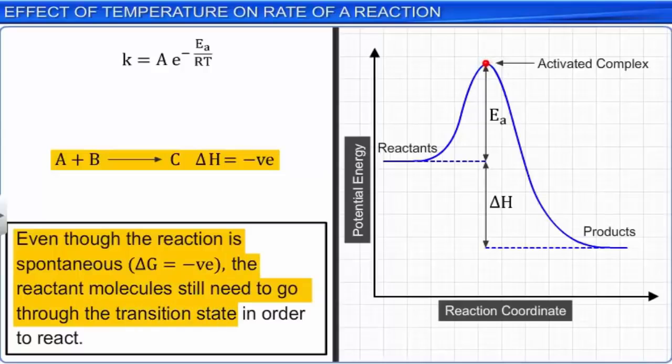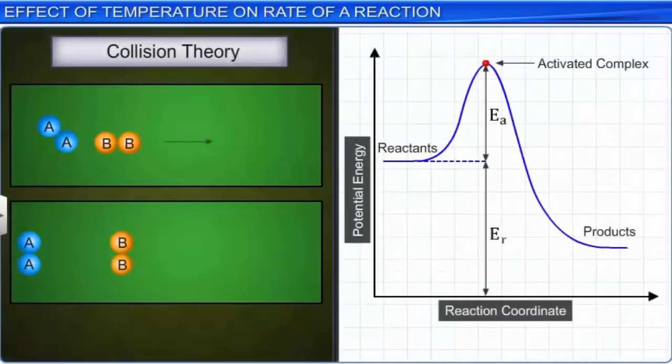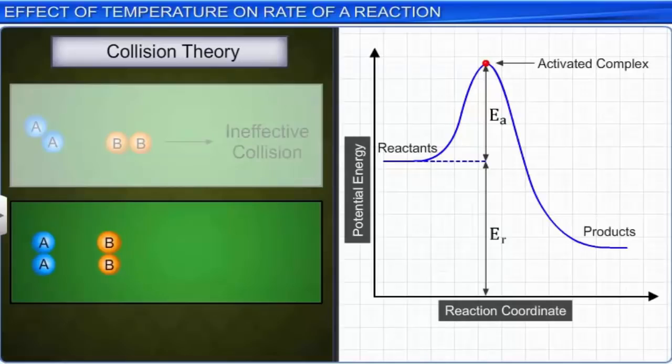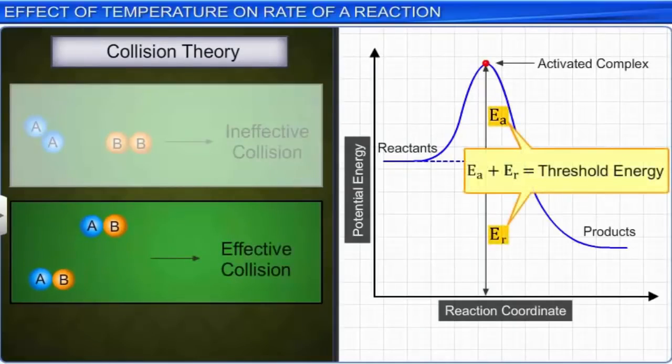It is important to note that according to the collision theory, only a small fraction of the collisions produce a reaction. These colliding molecules must collide with the proper orientation with sufficient energy, called threshold energy, which is the energy possessed by reacting species plus activation energy.